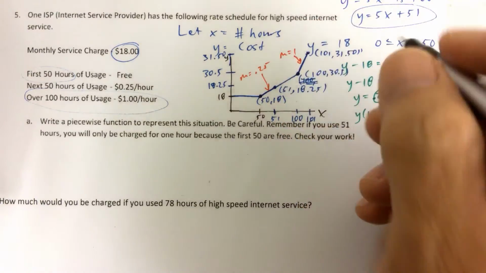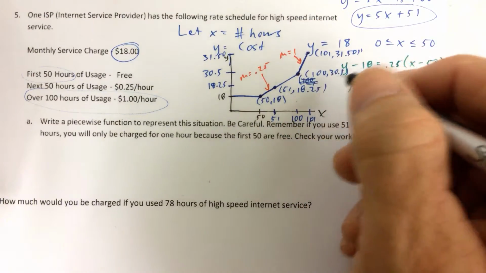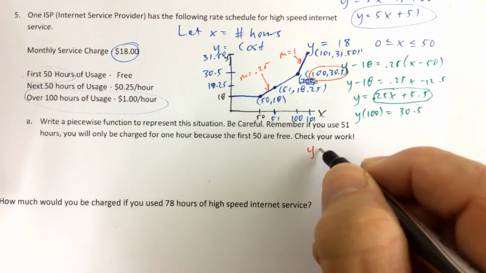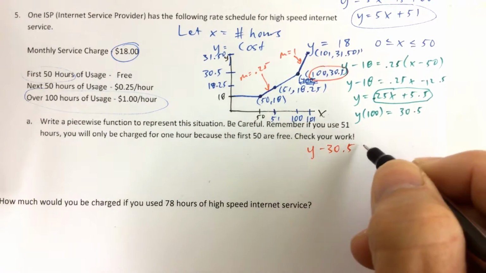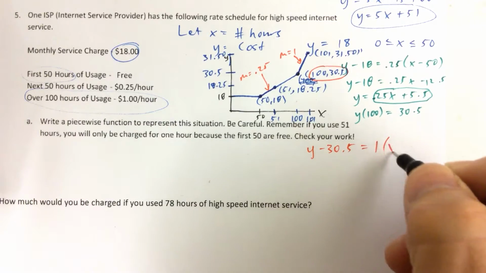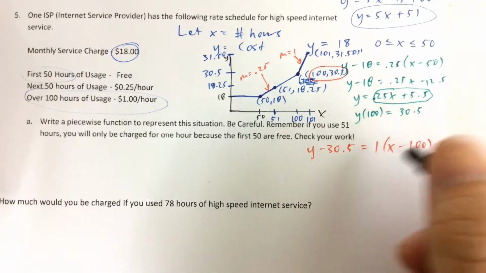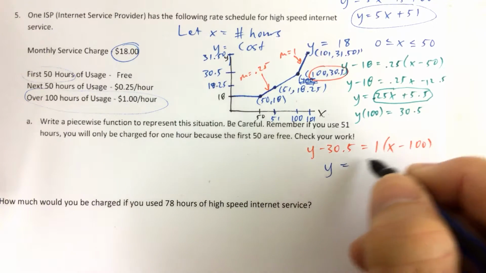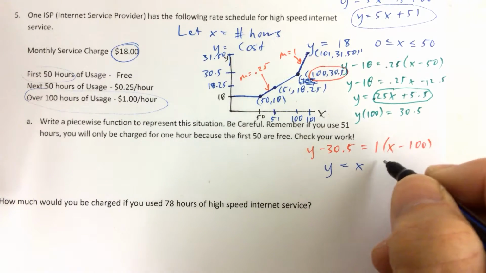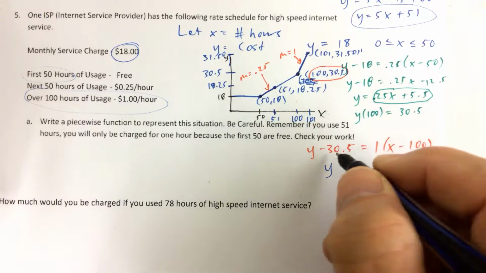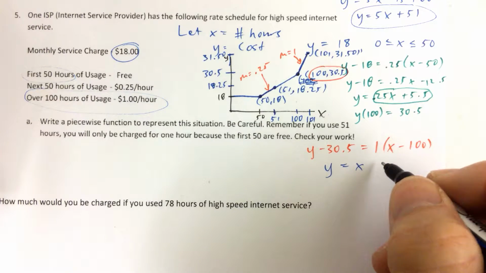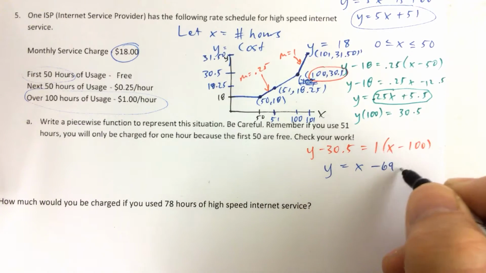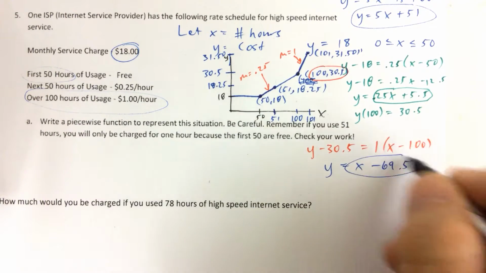The slope is 1, and then we have our x1, y1 right there. So we're going to have a third equation, y minus y1, which is 30.5, equals the slope 1 times x minus x1, which is 100. And then we're going to add 30.5 to both sides, and we get x minus 100 plus 30.5, which would be 69.5, so minus 69.5. So that's our third piece.